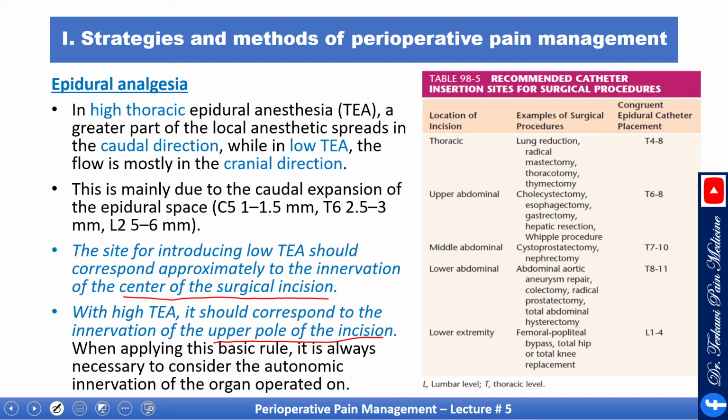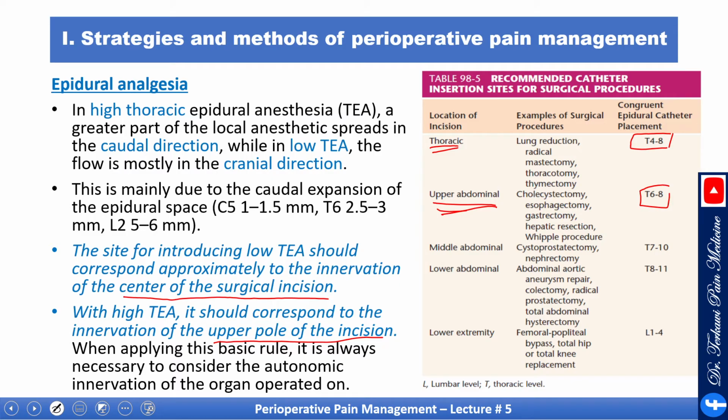So for example, if you have a thoracic incision for lung reduction or mastectomy, your catheter insertion should be anywhere between T4 and T8. Upper abdominal surgery, between T6 and T8.